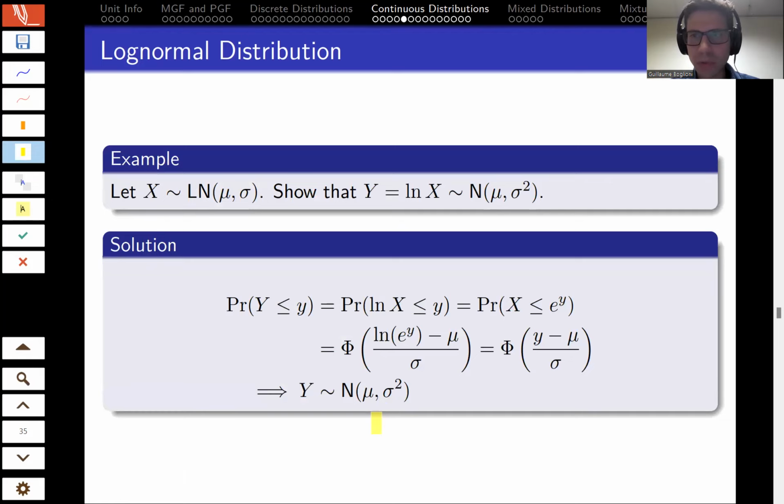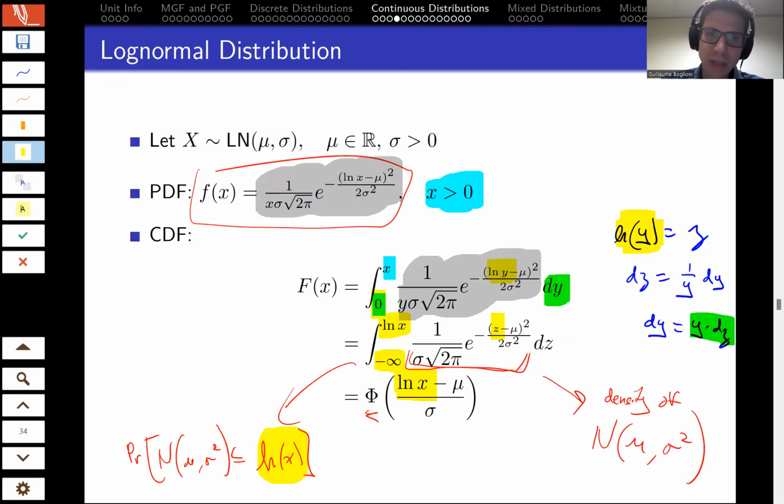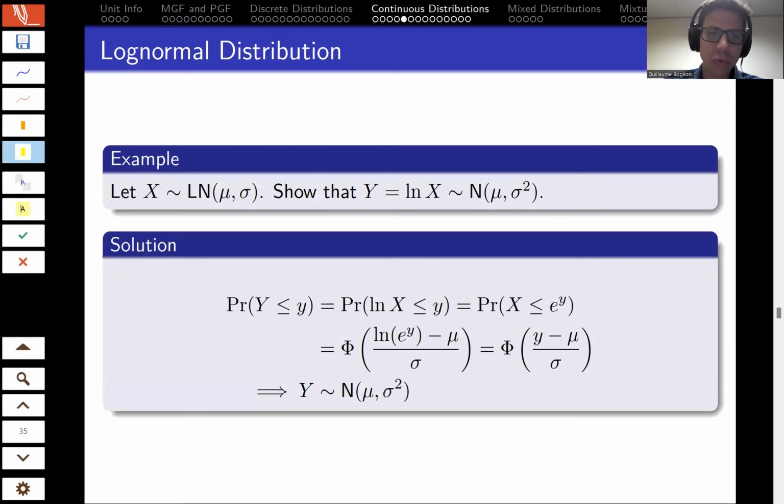Now, a little example having to do with the log normal. Sometimes you might have seen the log normal defined this way, but here we presented the densities, and then we want to prove this. If x is a log normal, show that a new variable y, which is ln of x, is itself a normal. It's quite easy to prove. You start with y, a function of x. Probability that y is smaller than any number little y.